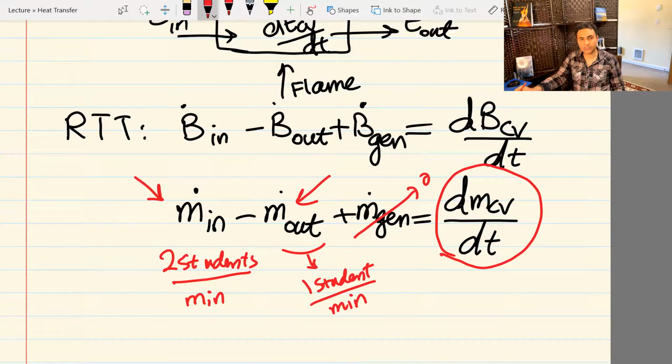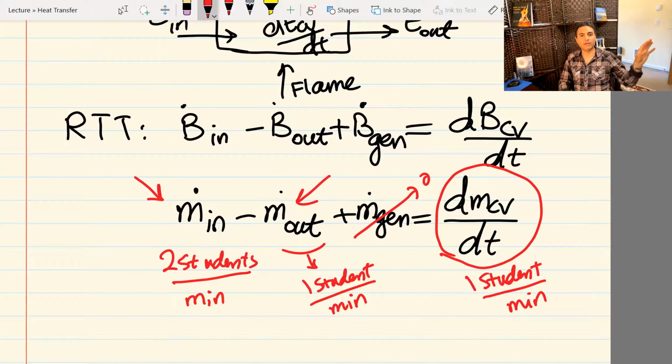What happens is, if you just look at the control volume, the number of students in this class goes up every minute by 1 student. Does that make sense? Every minute, 2 students walk in, 1 student walks out.